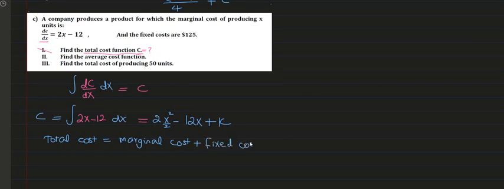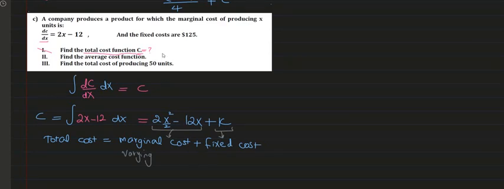Plus the fixed, right? So this part at the end would represent the fixed cost. And that part which varies in x is the marginal. We can call it the varying as well, the varying cost.